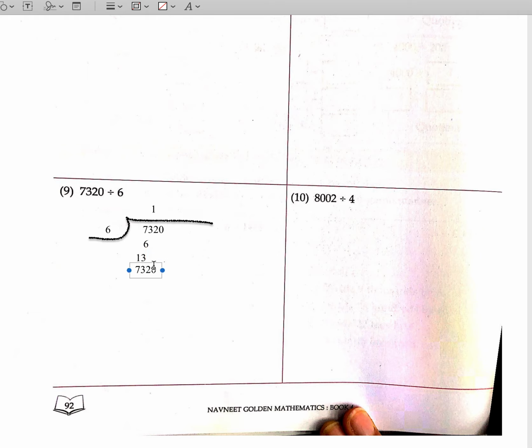Which would be the next number that we would write? It would be 12, and hence the answer would be 2. So 12, and then we'll write up 2. Now we will minus 13 minus 12, that is equal to 1, and then we will bring down the next number, which is 2, again 12.